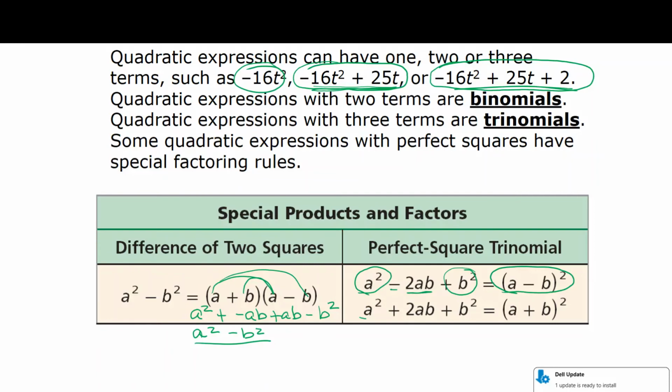And if you see that your first term and your last term are both squared and the middle term happens to be 2 times the first and the last and they're added together, we can use this one. And we'll see a problem here in just a minute that we can work out.